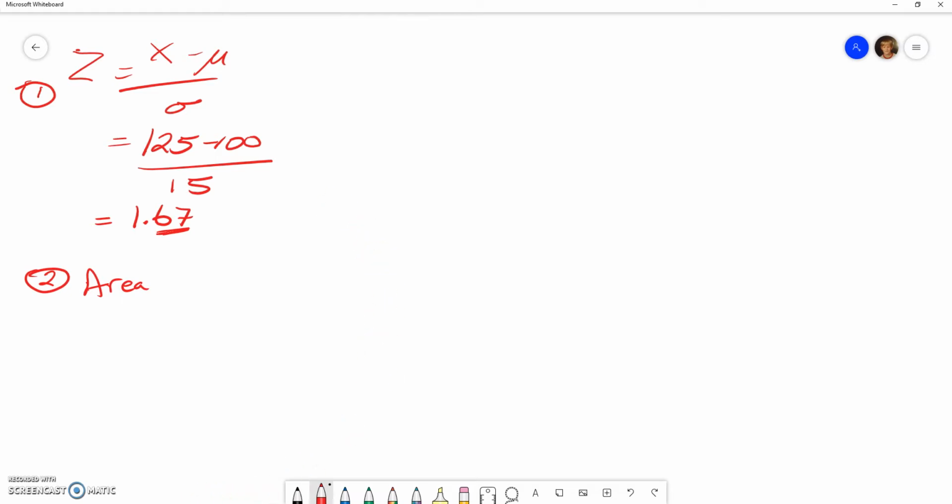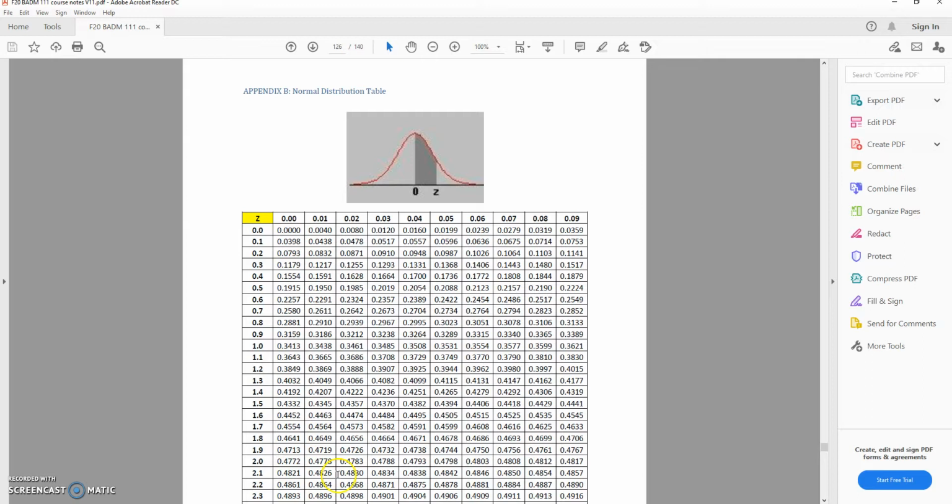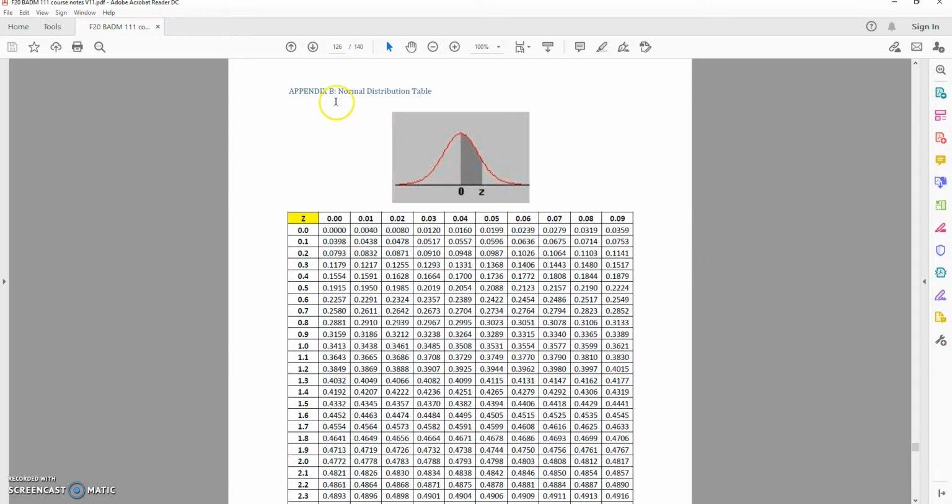So what we do here is we go to page 126 in your course package. I have it listed here. This is Appendix B, normal distribution table. You will be using this table extensively for this chapter, and for the next unit as well. Just to give you a little idea, a breakdown of how to use this reference table.